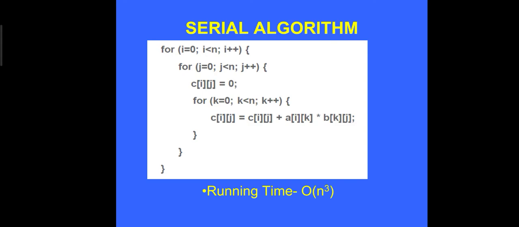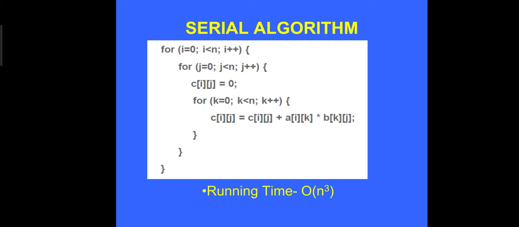How this multiplication is performed here is that the element Aik of matrix A and the element Bkj of matrix B are multiplied and added to C. C is the resultant matrix. This operation will happen serially, whose running time for this serial algorithm is order of n cube.